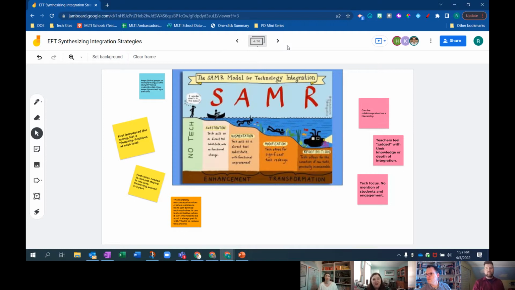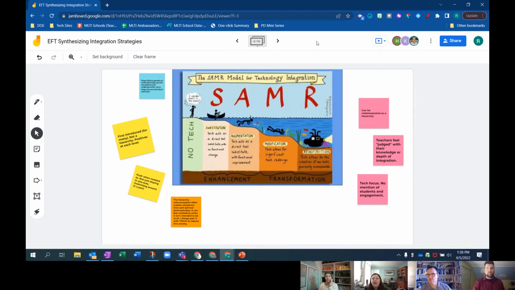I'm just trying to help you see if there are ways that technology might take this great thing that you already do and redesign it so that it has something transformative. When we say transformative, we mean this is something that couldn't be done if we didn't have the technology, right? That's what you kind of have to think about.